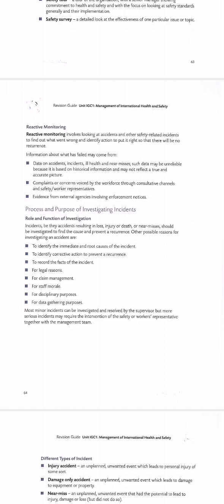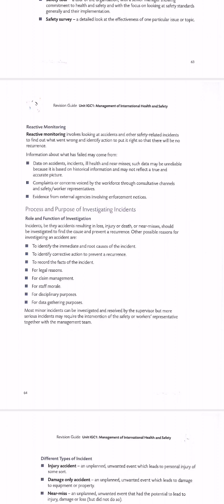What is the reason, the logical reason, right? Then number four, for legal reasons, right? Number five, for claims management. Number six, for staff morale. Number seven, for disciplinary purposes, right? Then number ten, for data gathering purposes. So that's why you need investigation.